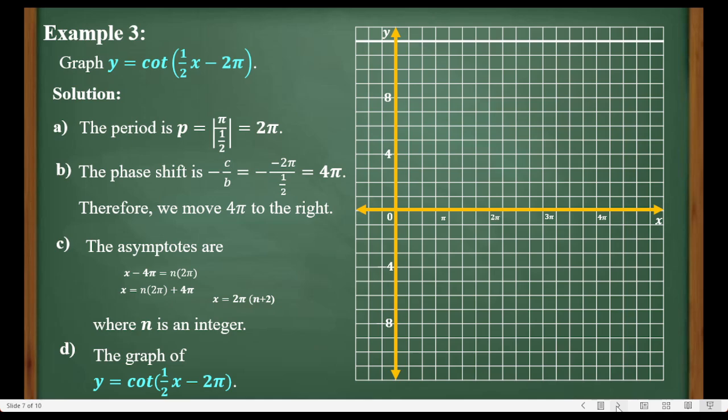Okay, so this is what happens. Then the graph can now be traced like this.